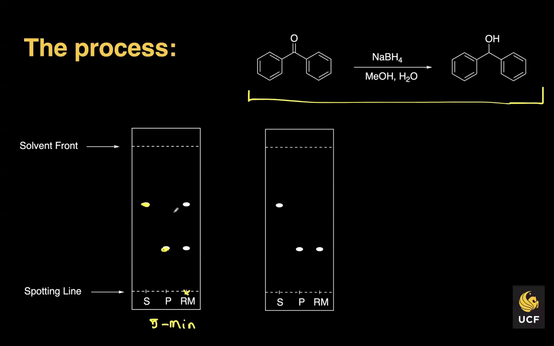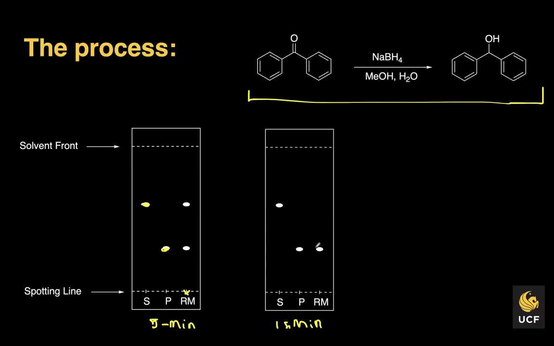By the time you ran this TLC plate, let it develop, and took a look at the spots, the reaction has been running for another 10 minutes. So you could go ahead and take another TLC plate. If that was 5 minutes, that would most likely be around 15 minutes or so.